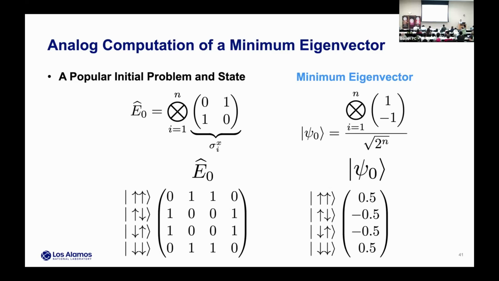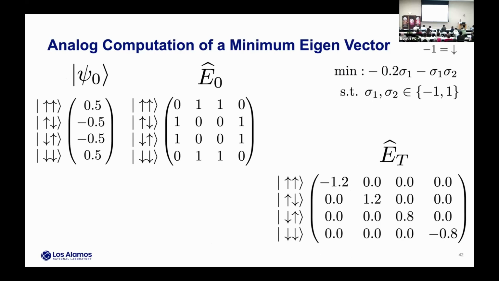Apparently hardware vendors can build the uniform superposition state, so they do. And that means they can apply this matrix and they'll be in the ground state of that initial system. And that's how you define them right there. And then I told you already, for our simple two-spin optimization problem, the target matrix we're looking for is this simple diagonal matrix.